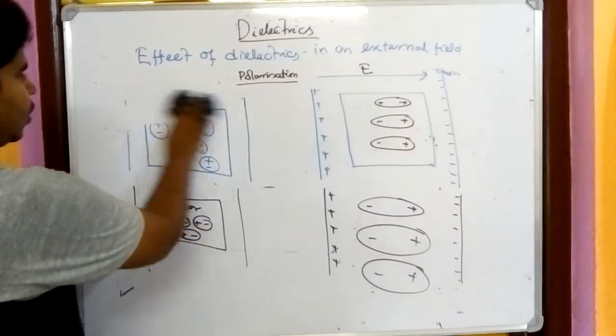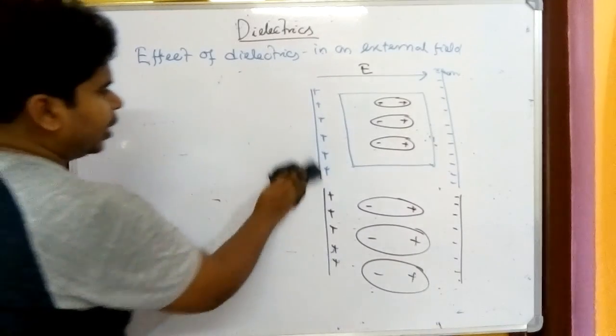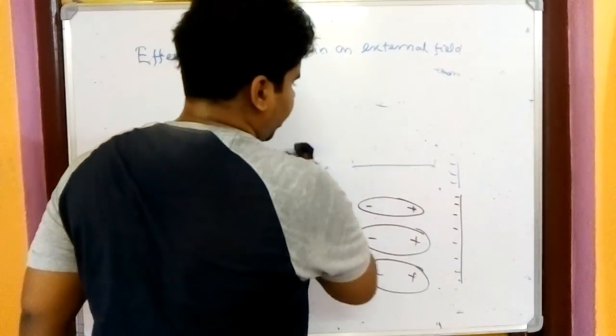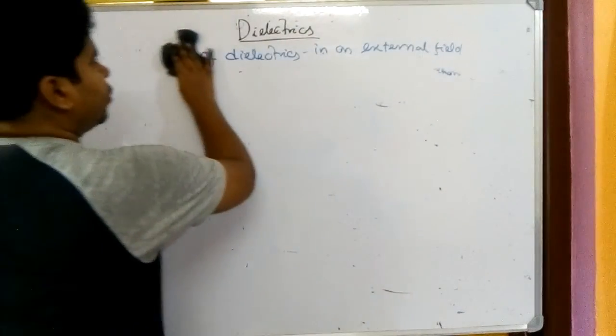Now we have to see how the electric field is reduced in the existence of dielectrics.